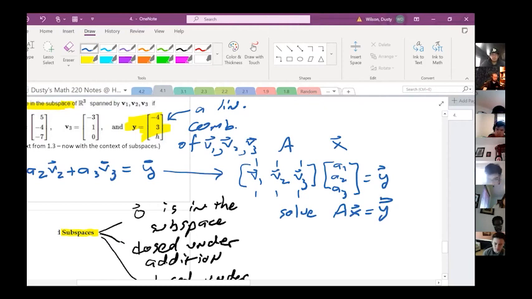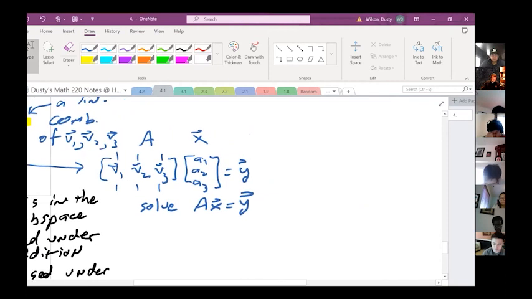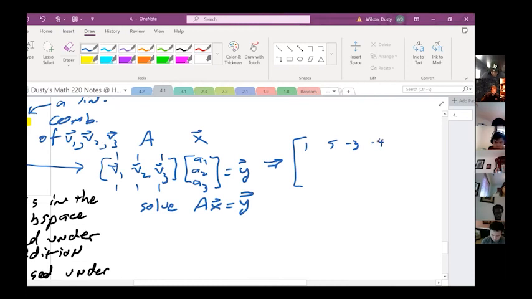So we can set up our matrix. We'll get 1, 5, 4.